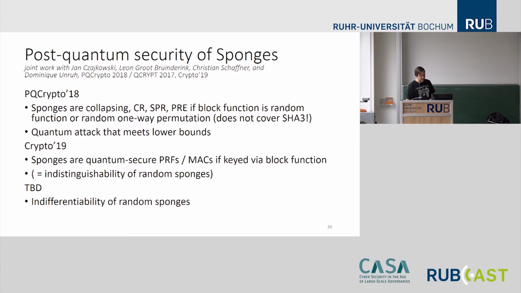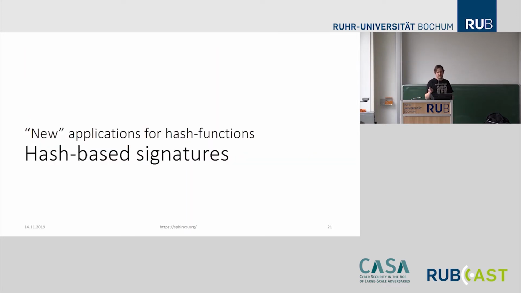They think they have a solution, but this is still one of the topics that would be interesting, to see if we can manage to really re-establish this indifferentiability from a random oracle also for sponges. Okay, so that's the one part that changed and that we started to look at, and there are still a lot of little issues that you want to look into.